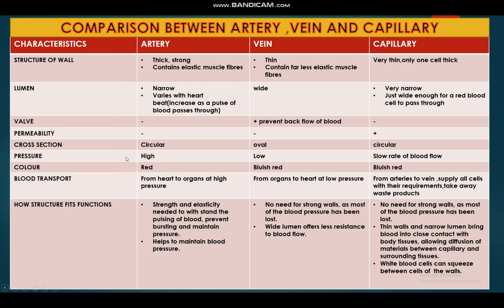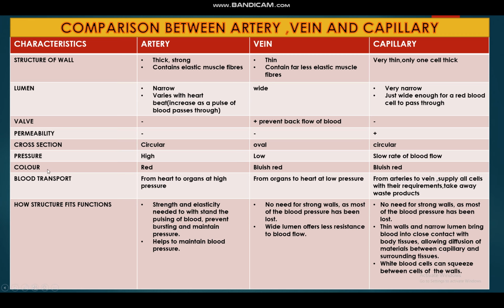Now the cross section of the artery is circular. In case of vein it is oval, and in case of capillary it is circular. The pressure of the blood is always high in the artery, low in the vein, and there is a very slow rate of blood flow in the capillary.